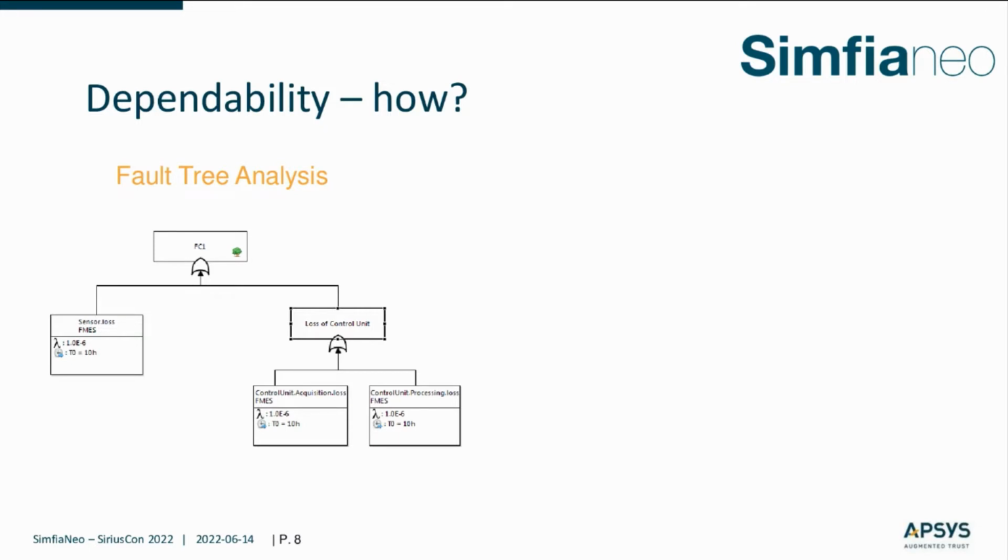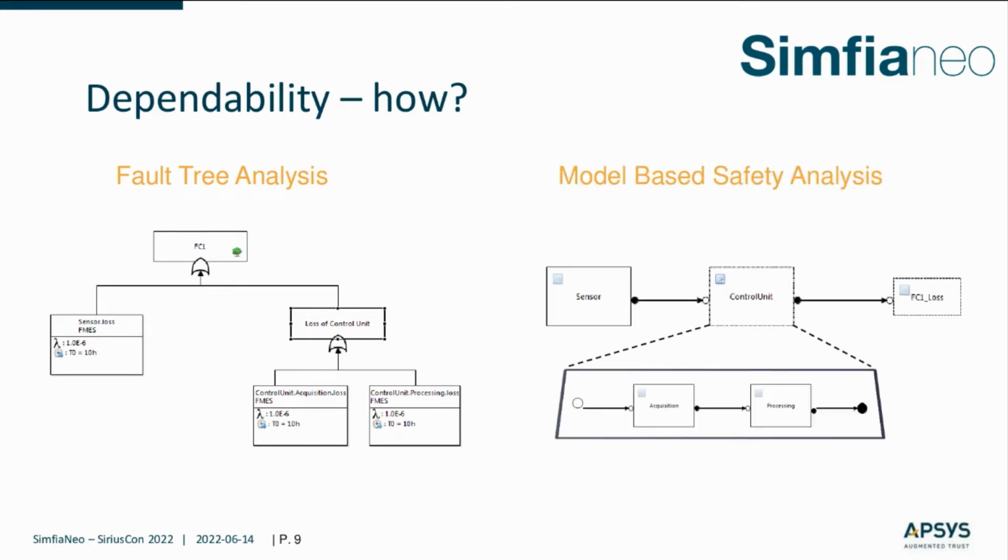The second approach, which is the one we promote through our tool, is MBSA, the model-based safety analysis. With the model-based approach, we want to model the system, model the behavior of our system of interest. And from this model, we compute the RAMs, the dependability indicators.